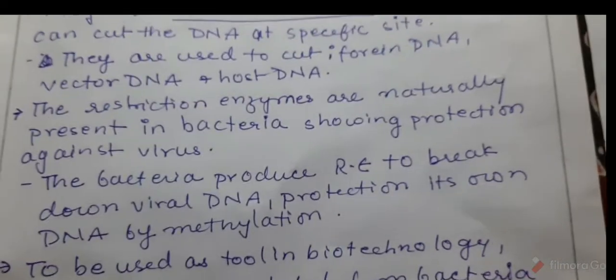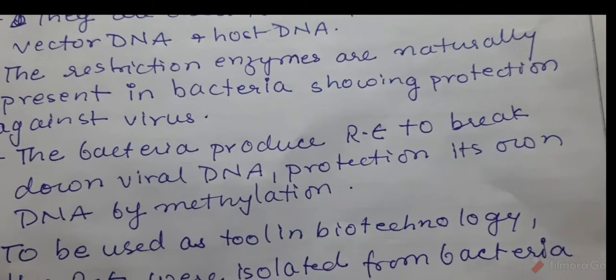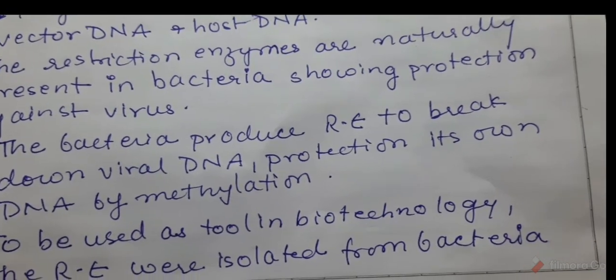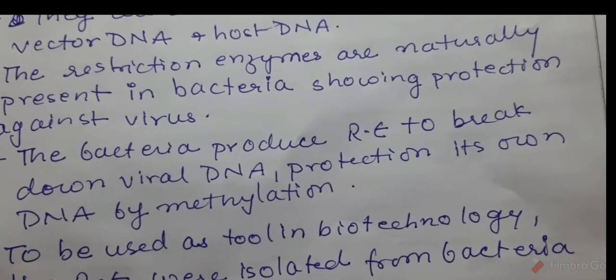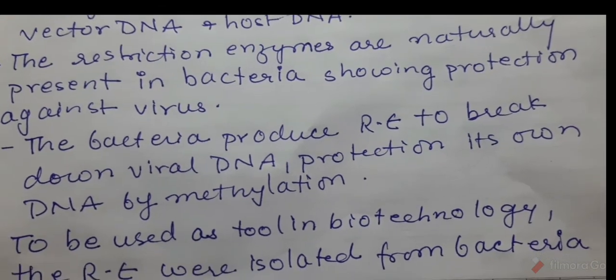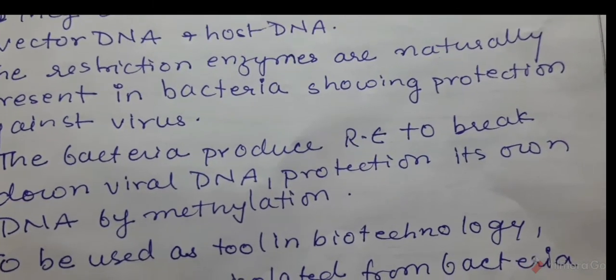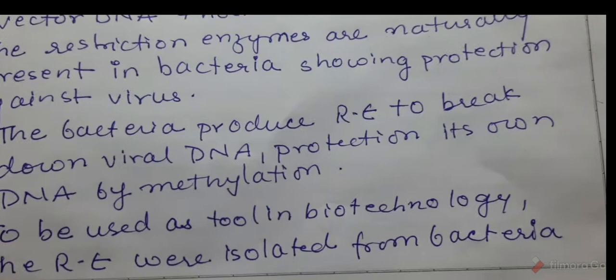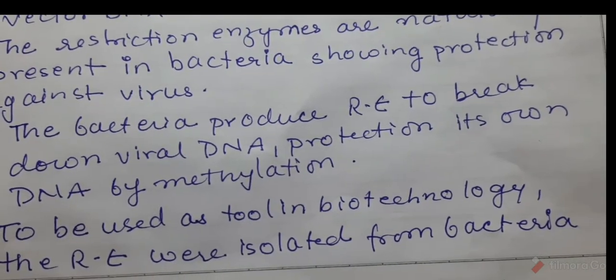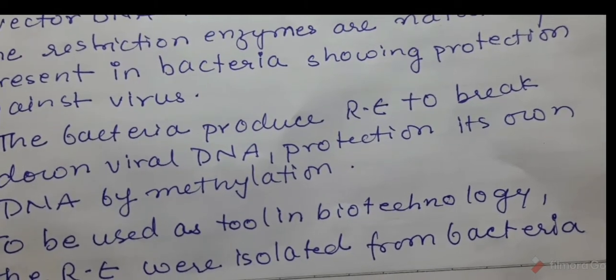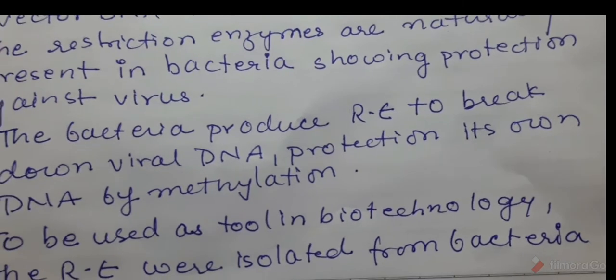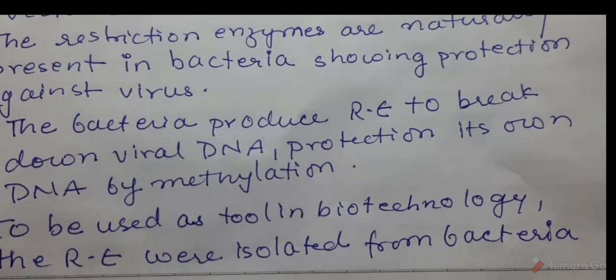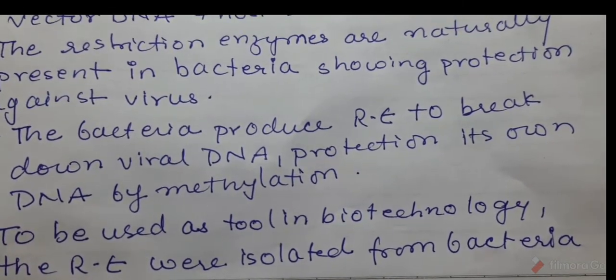The bacteria produce restriction enzymes to break down viral DNA, so the virus is unable to affect the bacteria because its DNA is degraded, and the bacteria protect their own DNA.